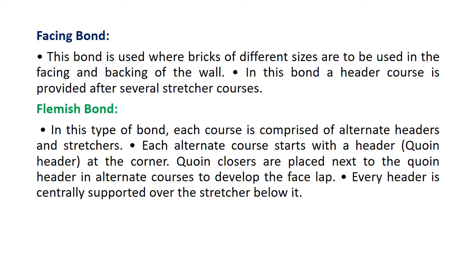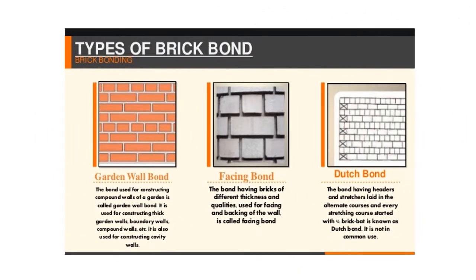It is the bond in which all the bricks are laid as headers on the faces of walls, only when the thickness of the wall is full brick, i.e. 18 cm. There is use of 3/4 bats in each alternate course as quoins. This bond is usually suitable in case of curved walls, but is not preferred for straight walls as it does not have strength in the direction of the wall.